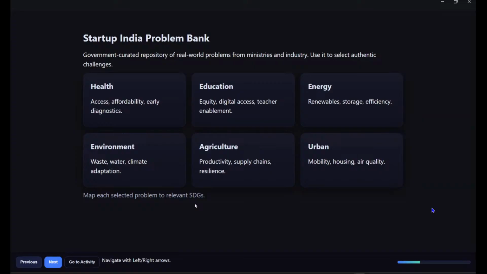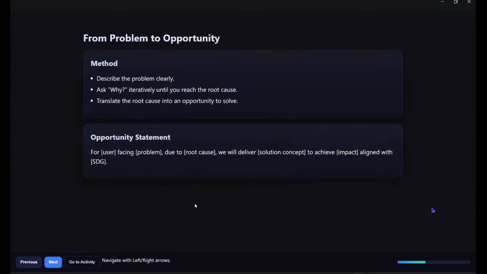But where we are lacking is in solving them, at least as efficiently as it could be. Now, going further, let's talk about how we can convert a problem into an opportunity. If we have a framework to do so, what is it? Let us focus on that.